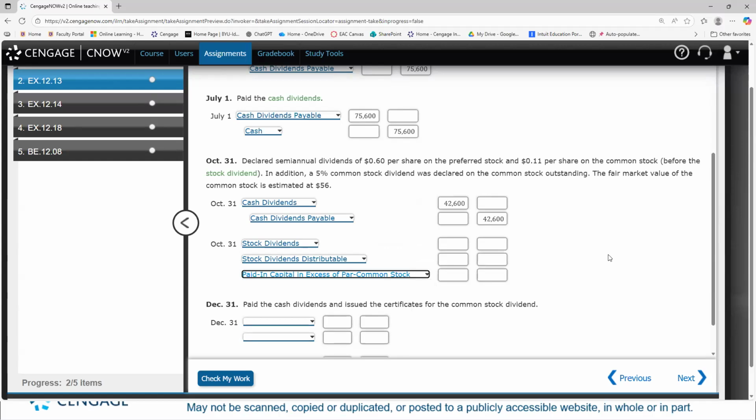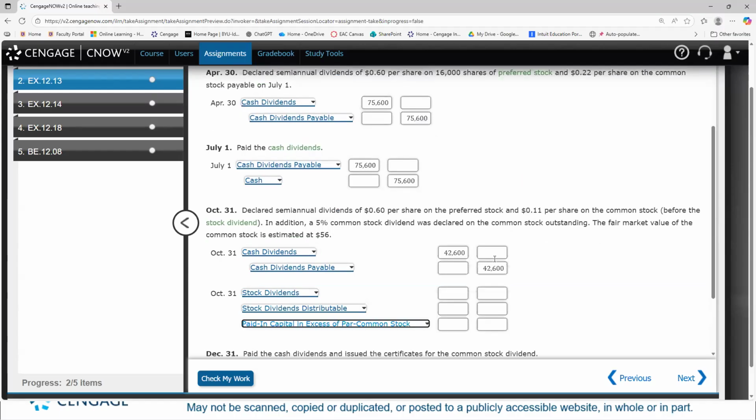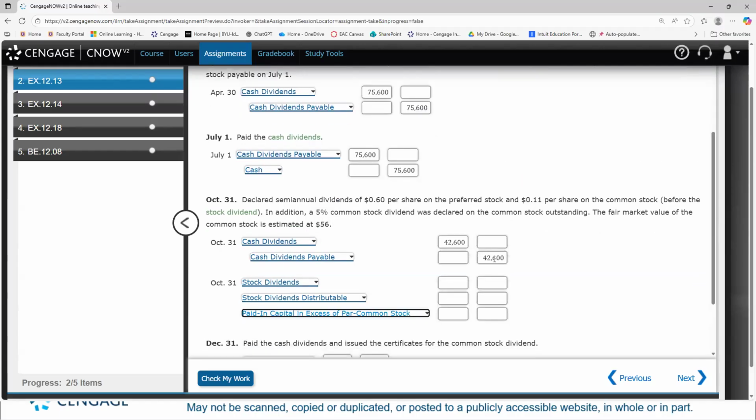And it says it's a 5% common stock dividend. So if I had, what was it, 300,000 shares? Yes, 300,000 shares of common stock times 5%. That means we're going to be issuing an additional, what, 15,000 shares?